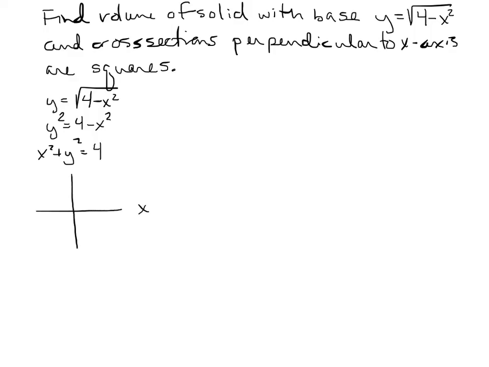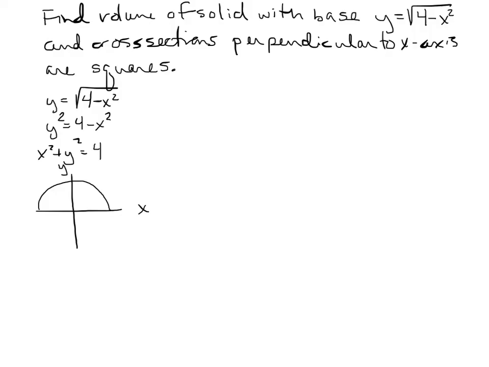Hopefully you can recognize that as a circle. But we're only looking at part of the circle. We're only looking at the part of the circle where y is positive. See how there's only a positive in front of that root? So we're only looking at the top half of a circle. Okay, so there's my base.